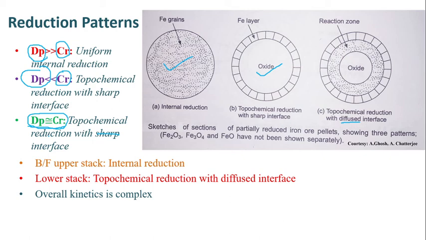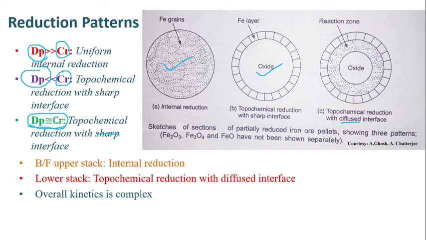So the pattern is basically internal reduction type at the top of the stack. But when we go downward, the temperature increases, where FeO and Fe are in equilibrium. So the FeO reduction to Fe is basically a topochemical type with a diffused interface.